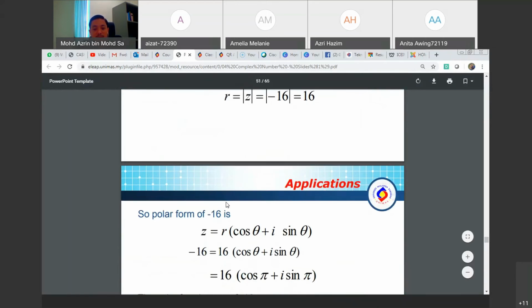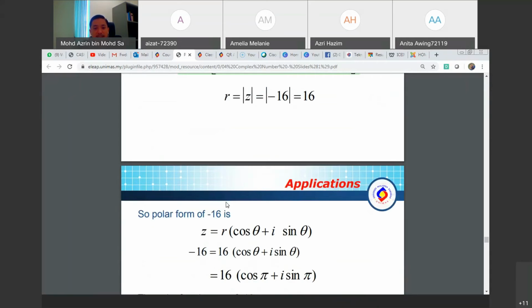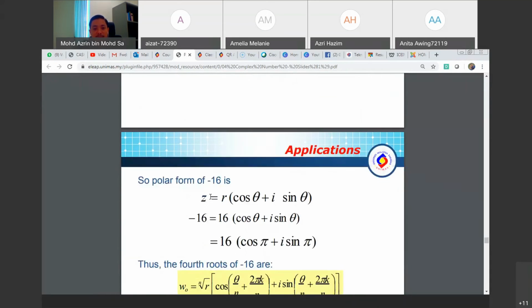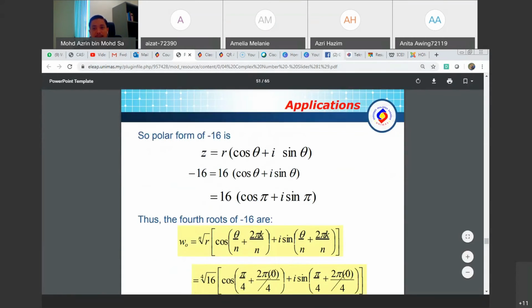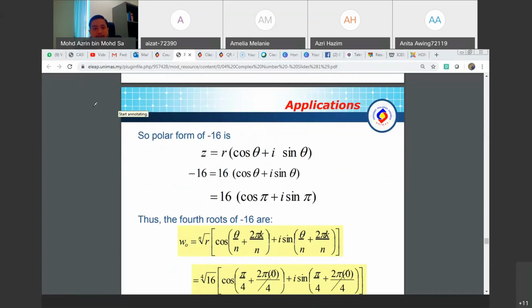So how do you get the polar form? Z equal to R cos theta plus I sin theta. This is the polar form. Z itself is negative 16.